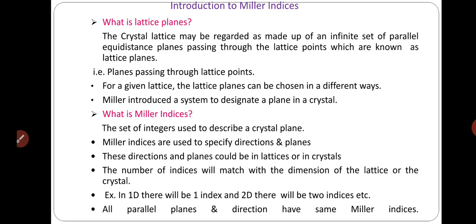Now, let us discuss the Miller indices and how to calculate the Miller indices for planes and directions. A set of three integers used to describe the position of a plane or the direction of a vector within the lattice.